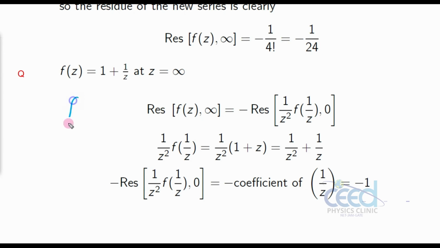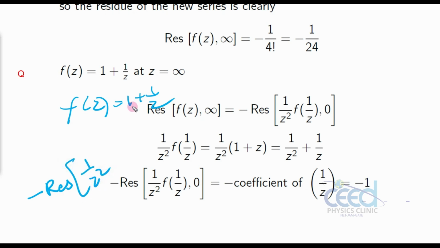So f of z is equal to 1 plus 1 by z. Instead, I can calculate the negative residue of the function 1 by z square into f of 1 by z. F of 1 by z means f of z changes as 1 plus 1 by z changes as z, at z equal to 0, right?